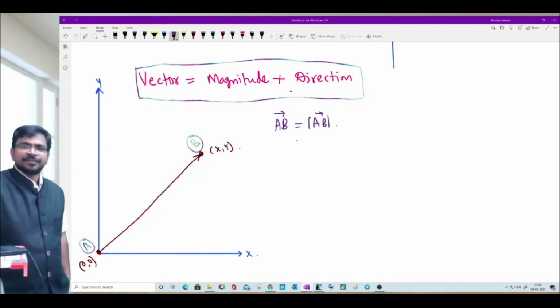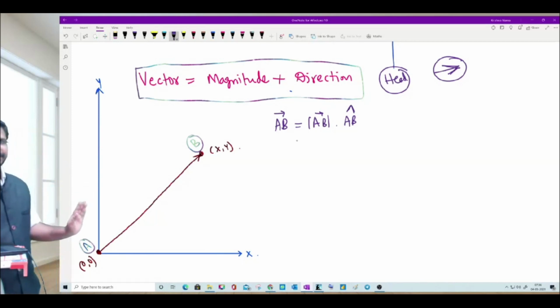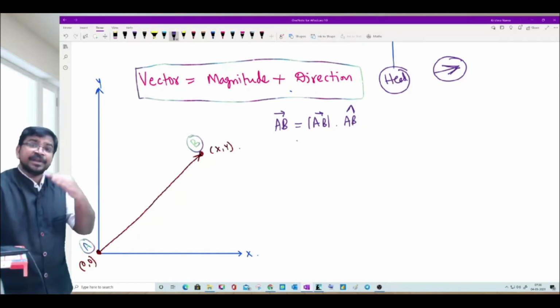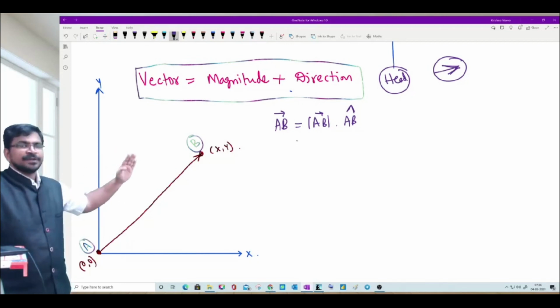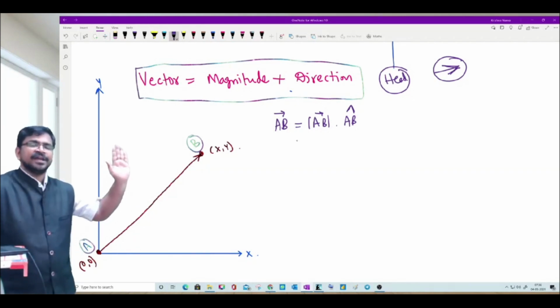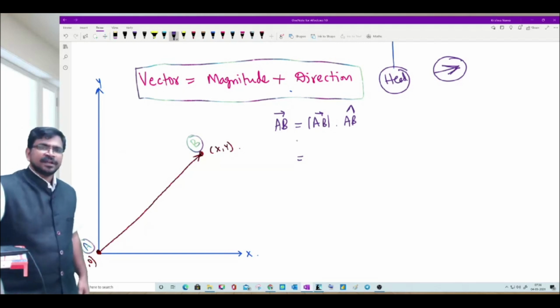Directions are represented with an arrow head, a cap. So AB vector means AB magnitude and AB direction. If any vector is represented this way, with magnitude and direction, what is the magnitude of the vector here? AB.